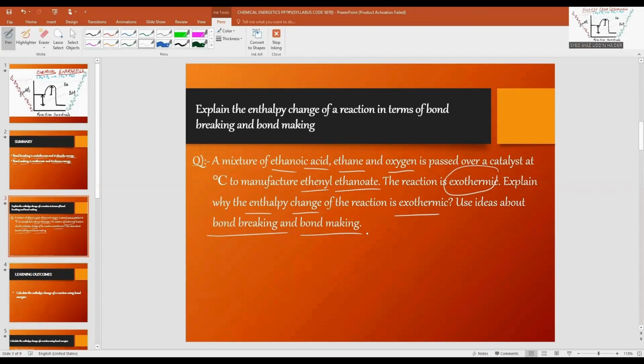The whole answer will be like this: bond breaking absorbs energy, and bond making releases energy.